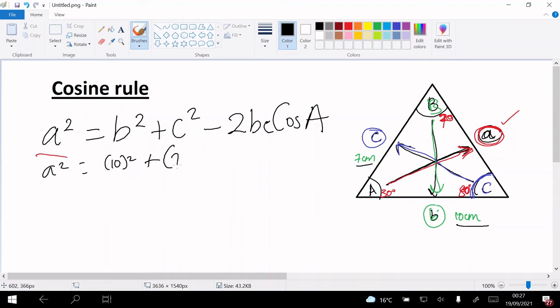So that will be plus 7 squared minus 2. 2 just stays the same. Then that times B, which is 10, C, which is 7, and then times cos A. But what is A? A is 30 degrees. So that goes in here. Now all you do is simplify this.